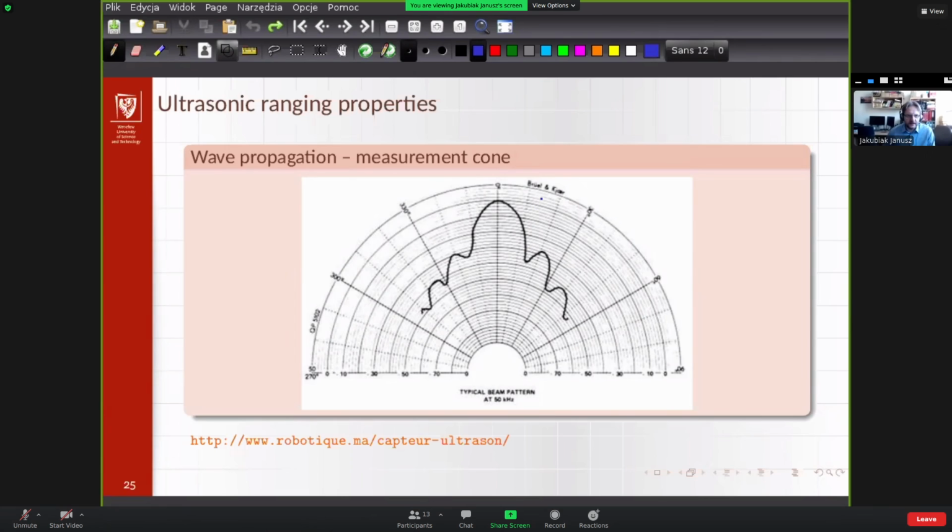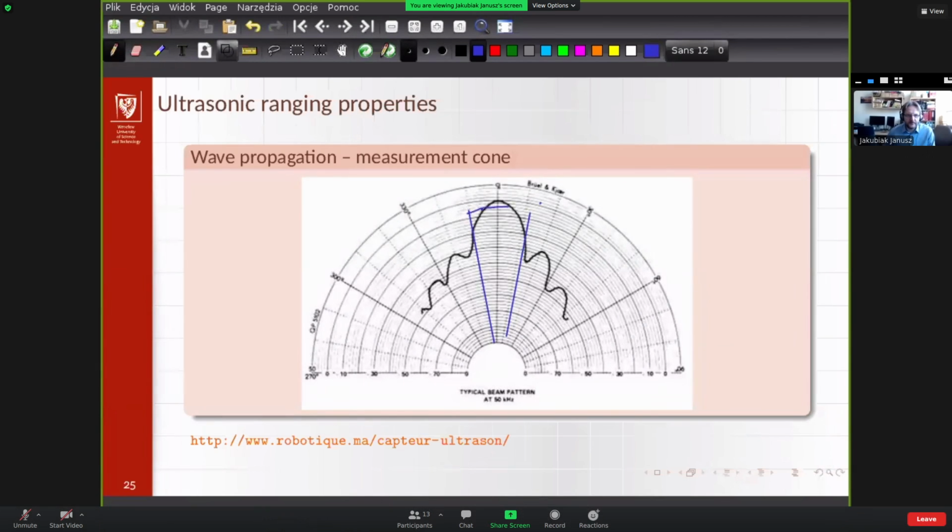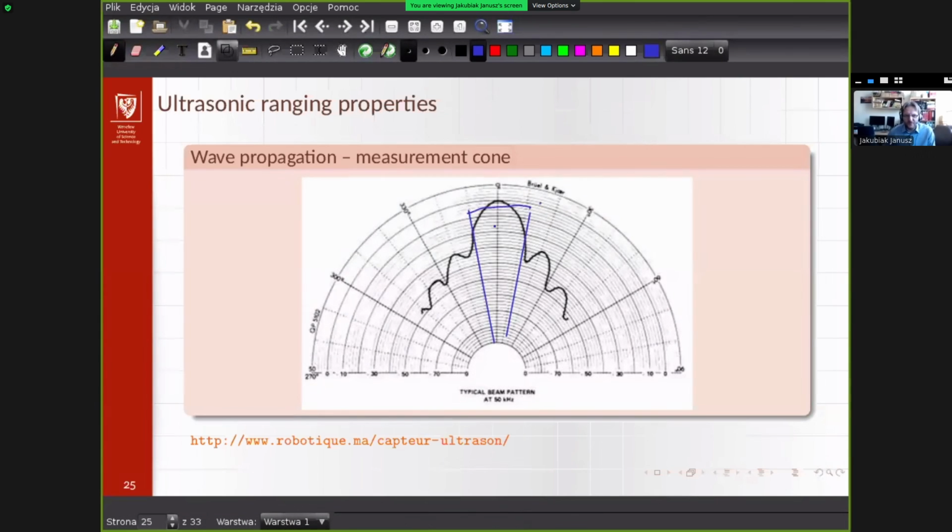So we can see that approximately you have the high energy beam going more or less like that, and everything in this range, in this angle, whatever appears here, also these directions and so on.